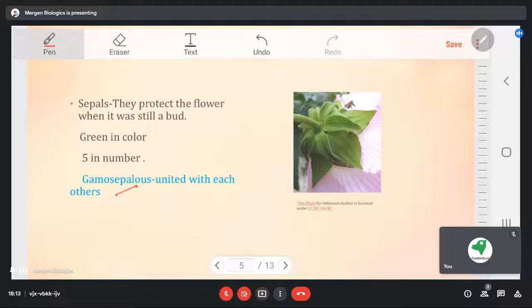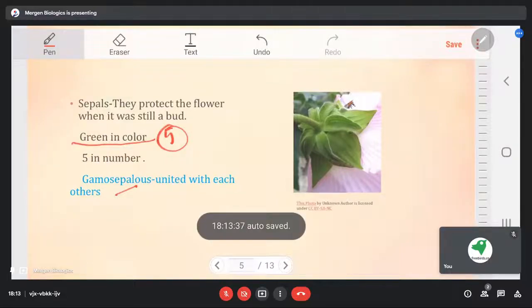As you can see in hibiscus, the sepals are green in color and 5 in number in general. But as I told you while I was dissecting the flower, there are some flowers that have sepals which are not green in color. There may be many other colors also. In such a situation, the sepal is known as sepaloid.